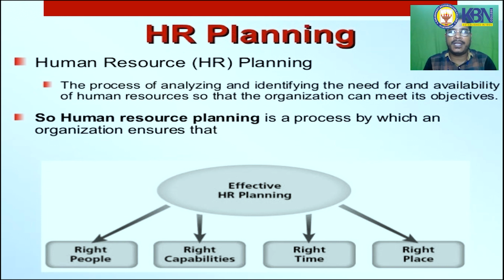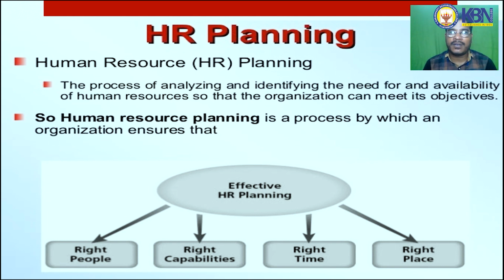Human resource planning deals with the availability of manpower, and it tells us how much manpower is needed in the organization in the future. That is possible if we can plan things from the human resources point of view.